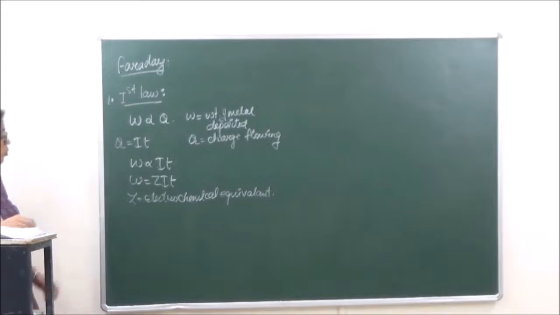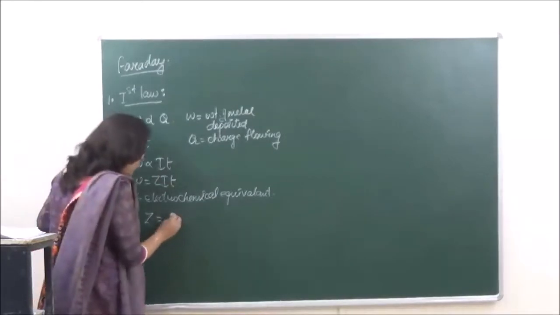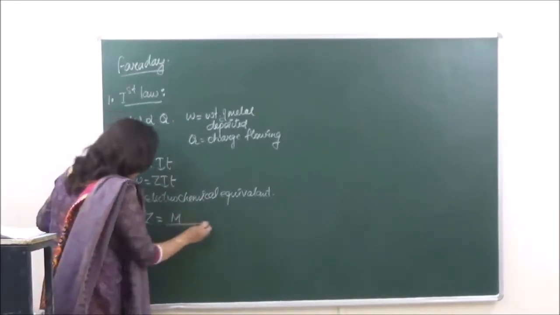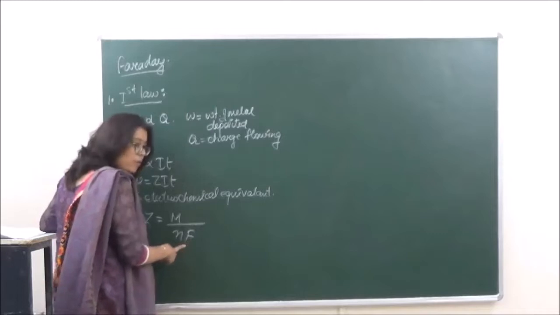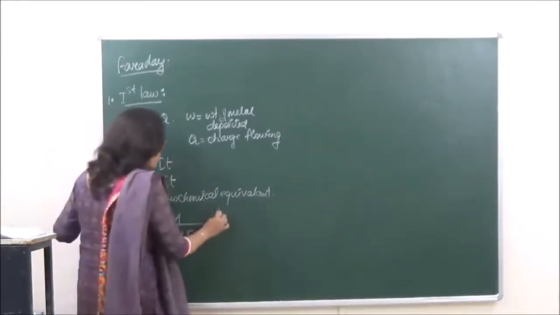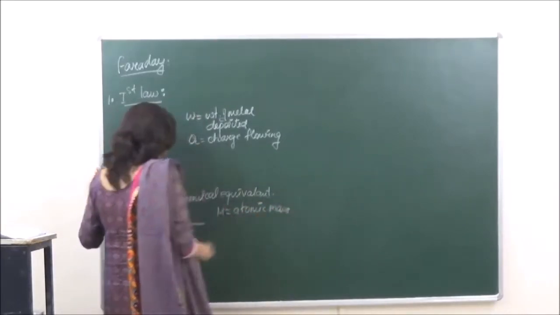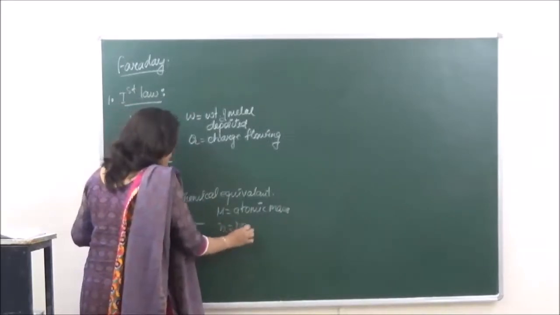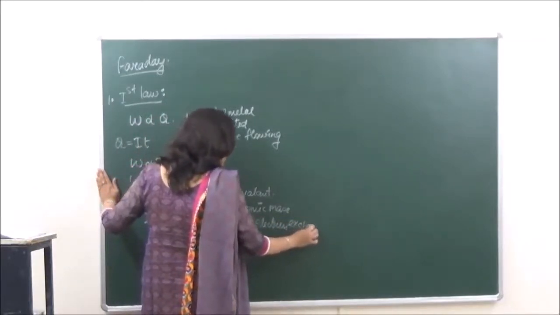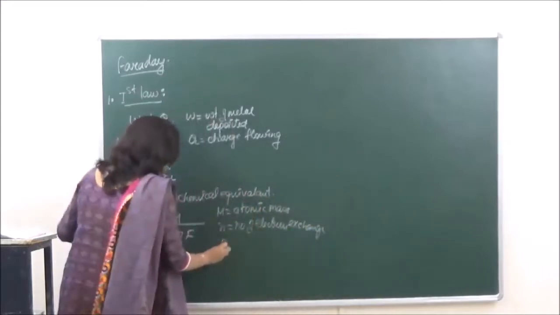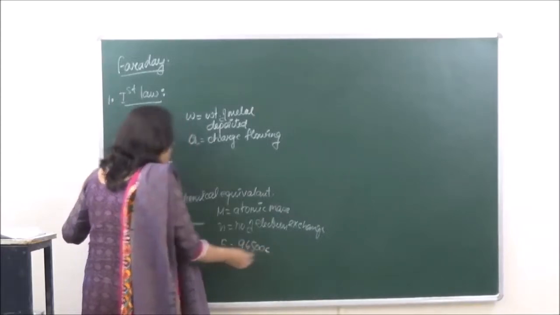Now mathematically, when we are talking of Z, then Z is equal to the atomic mass upon N into F, where N is the number of electrons exchanged, and F is 1 Faraday of electricity, which is 96500 Coulomb.